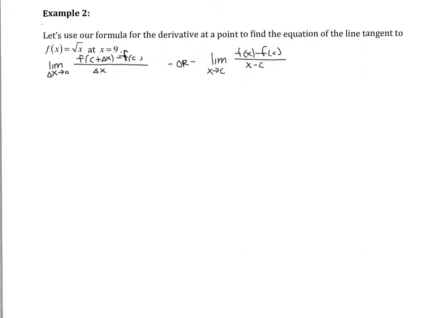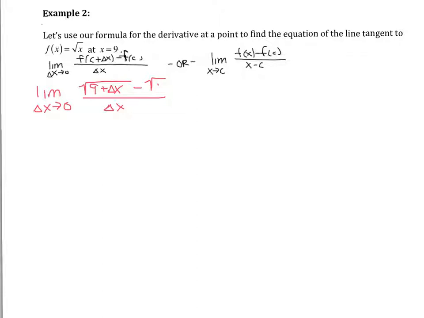Okay, so the first one, we have the limit as delta x approaches 0 of f of c plus delta x, where c is 9, plus delta x, minus f of c, that is square root of 9, all over delta x. Oh, I'm sorry, it's square root of 9. Let's fix that.